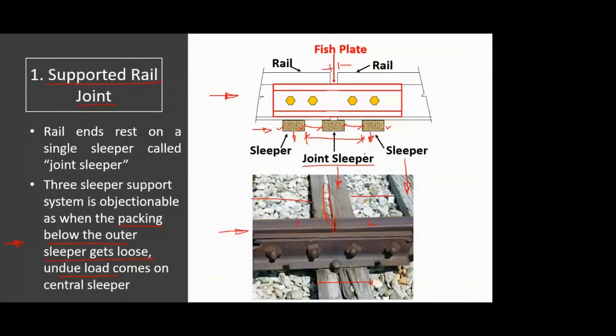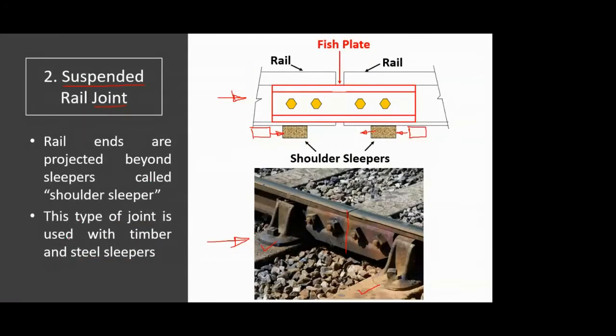Here we have a typical name for the sleeper below the gap, the joint sleeper. Generally this type is used with timber and steel, but here you can see it is also used for a cement concrete sleeper. You can use it for any type of sleeper as long as the system is stable.